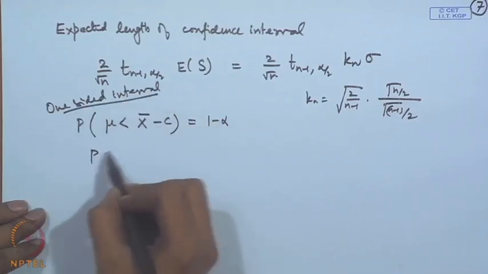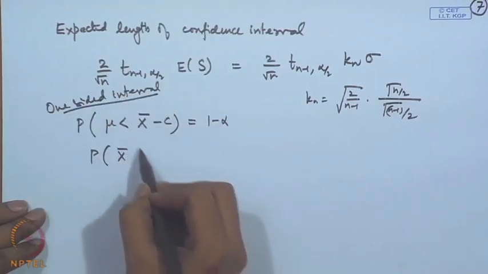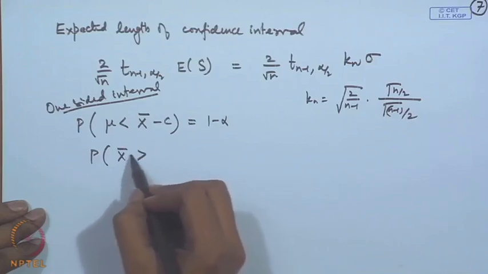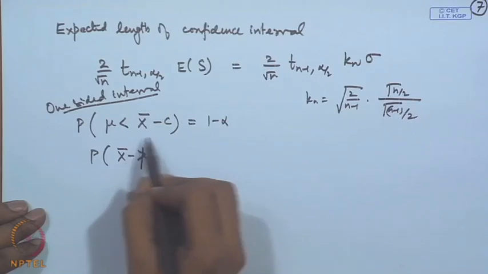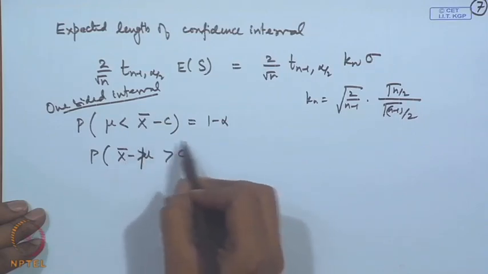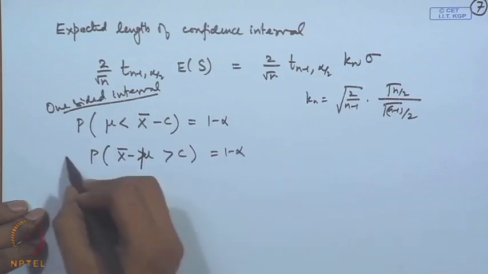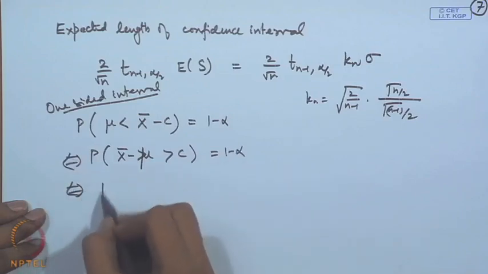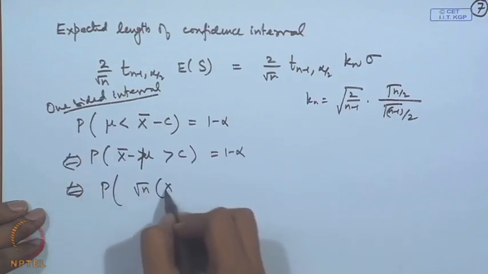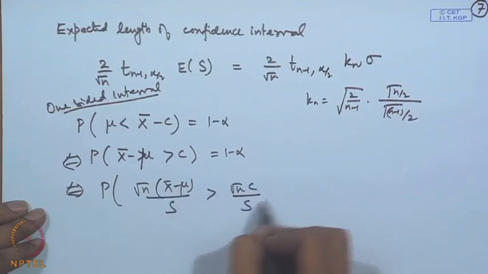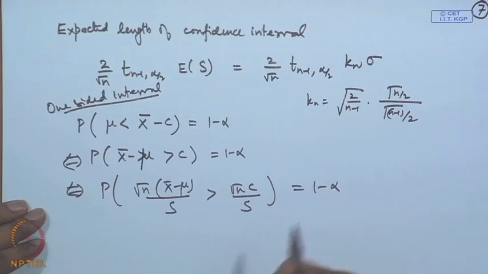That means what we are saying is probability of x bar minus mu greater than c is equal to 1 minus alpha, or probability of root n (x bar minus mu) by s greater than root n c by s is equal to 1 minus alpha.